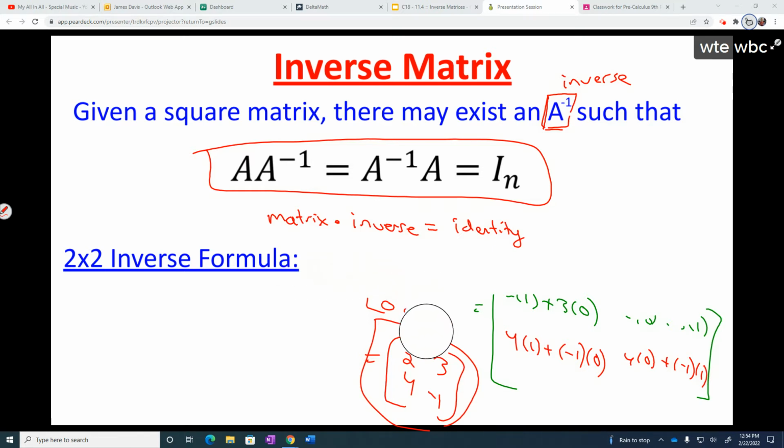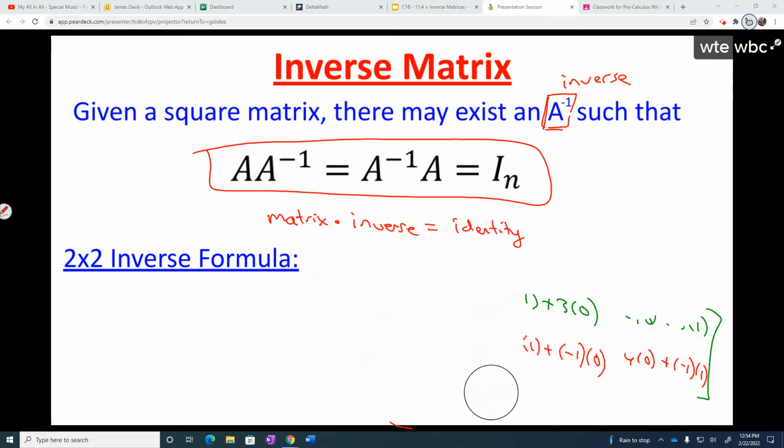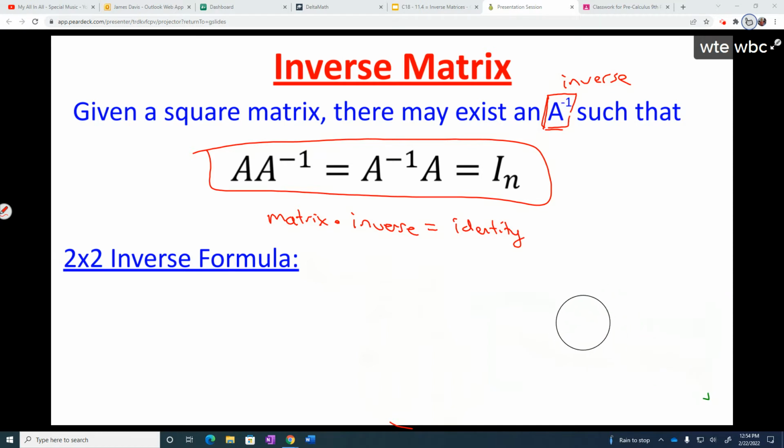And that fact is used a lot in further matrix computations. We'll see how it's used today. But it's a really important fact to do with both identity matrices and inverses. That if you multiply a matrix times its inverse, you get the identity matrix.